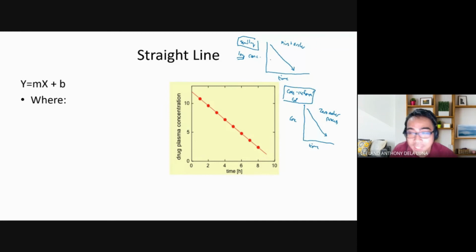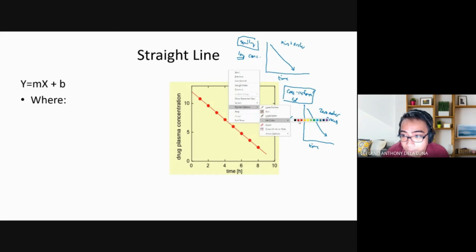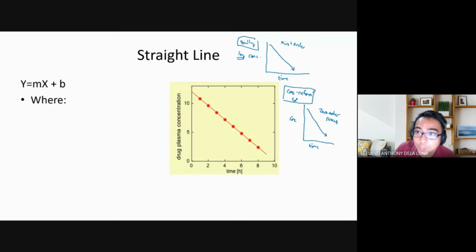Kasi pag nag-plot ako sa semi-log, tapos biglang nag-curve, okay, palit natin yung color. Kunwari, nag-plot ako dito, tapos biglang ang itsura ng graph ko pag ganito. Nag-curve siya. Pag nag-curve yan sa semi-log, sabi natin, zero order process yan.